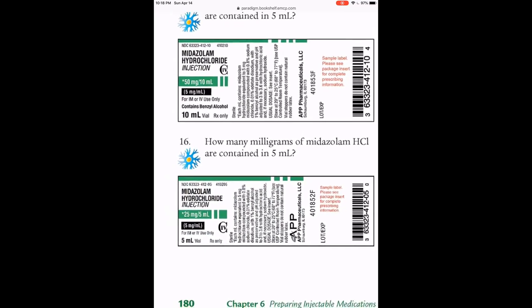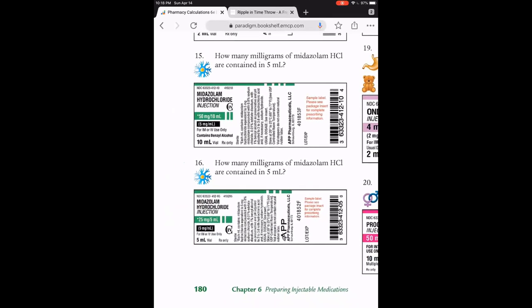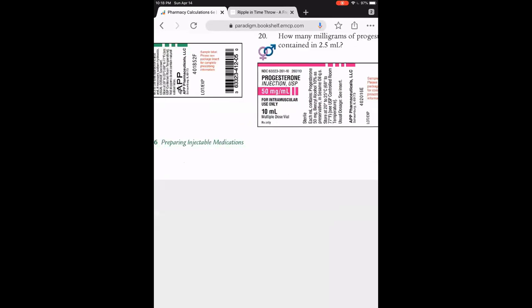And underneath in black, you see that you have 5 milligrams per ml. We want to use the concentration rather than how much total volume there is. So let's use that concentration of 5 milligrams per ml. That'll just give us an easier way of doing the problem.